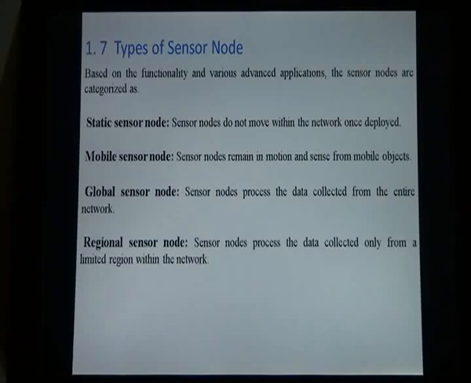Global sensor nodes: the nodes that process data collected from the entire network, or when the size of the network is extremely large. Coming to the smaller part, when nodes process the data collected from a limited or particular region of a network, they are termed regional sensor nodes. In both cases, global or regional, the nodes can either be static or mobile.